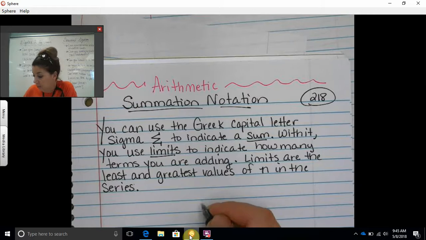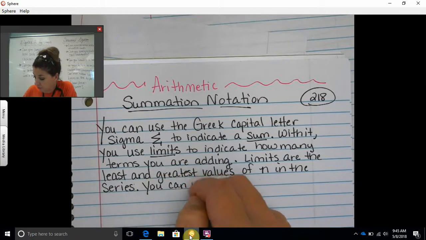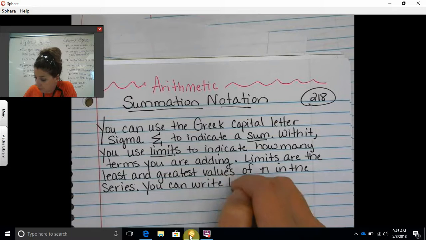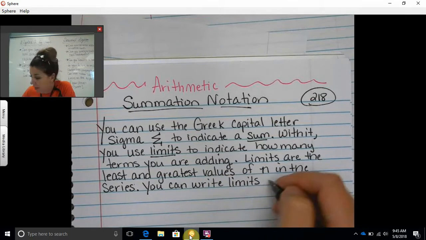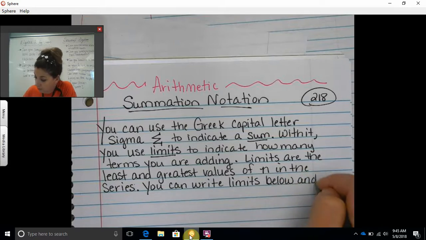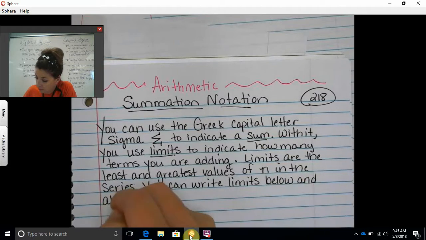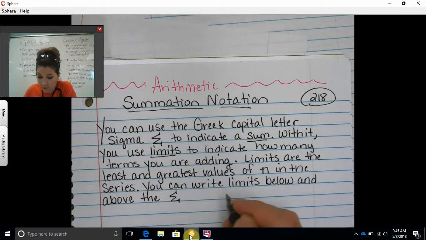You can write limits below and above the sigma to indicate the first and last terms of the series.